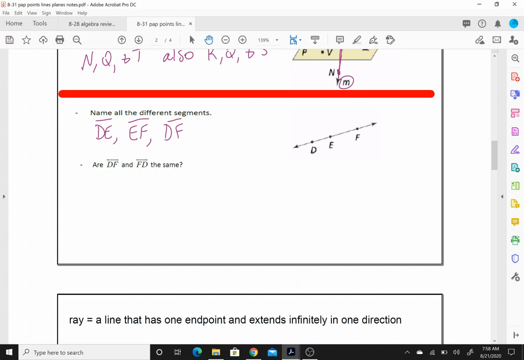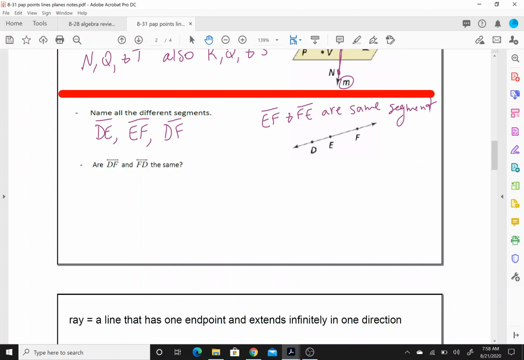FE, it's not a different segment from EF, it's just named differently, okay? So let's make that note. EF and FE are the same segment. So there's not really any other segments that are different that we haven't named.